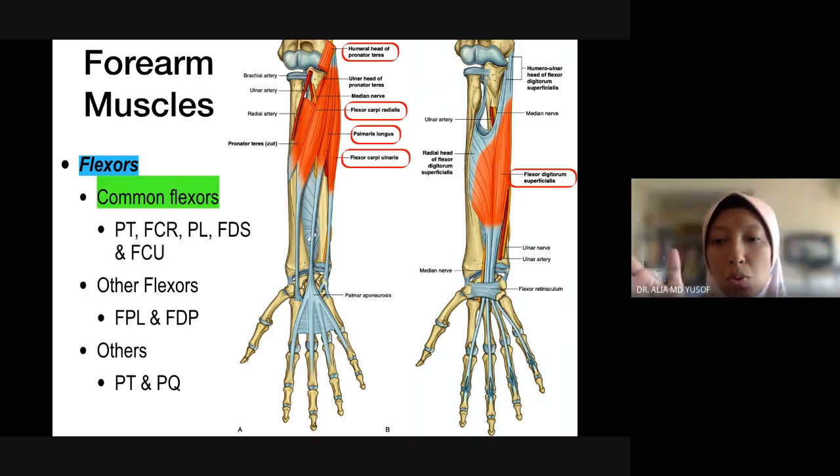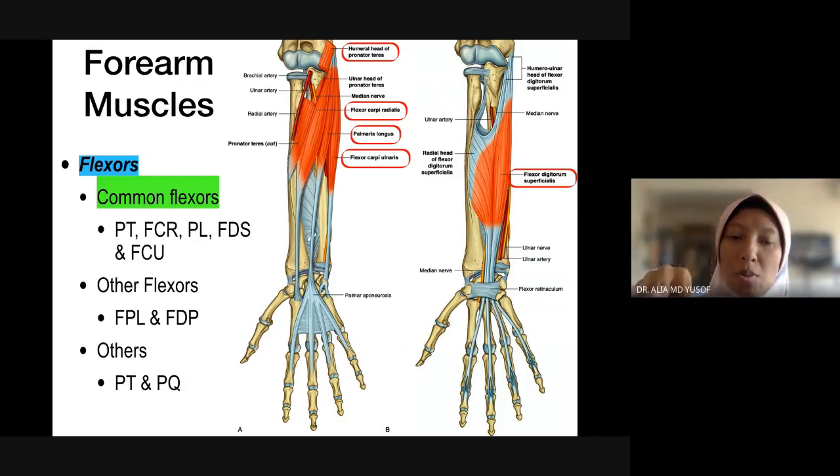Some books call this adduction of the wrist. But I prefer to use the term ulnar deviation done by flexor carpi ulnaris alone, and radial deviation done by flexor carpi radialis alone.